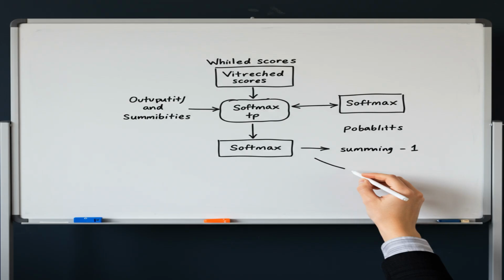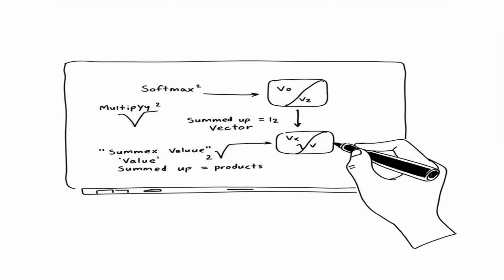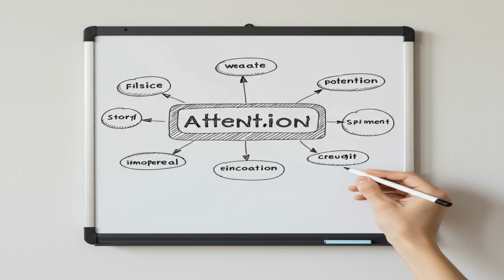Next, a softmax function is applied to these scaled scores, turning them into probabilities that sum up to 1. Finally, these probabilities are used to create a weighted sum of all the value vectors. Words with higher attention scores contribute more. This weighted sum becomes the new representation for the central word, effectively encoding its context from the entire sentence.